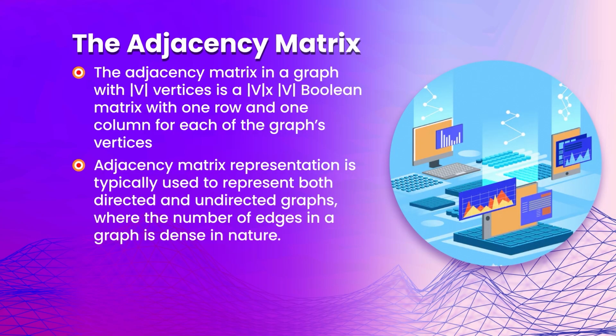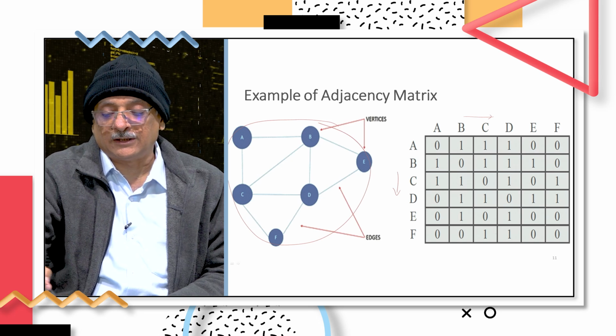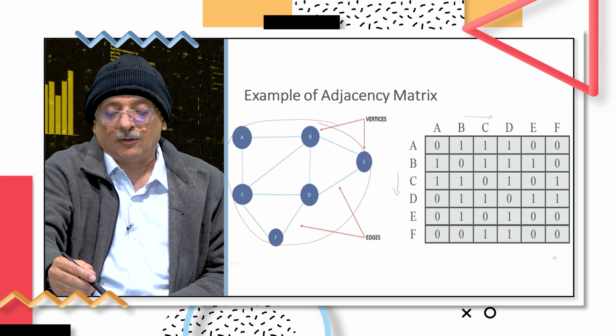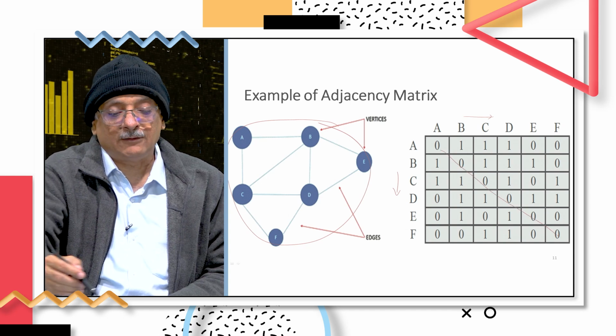Adjacency matrix representation is typically used to represent both directed and undirected graphs, where the number of edges in the graph is dense in nature. Dense in nature means most of the values in this matrix are going to be ones, except the diagonal values. Why diagonal values?